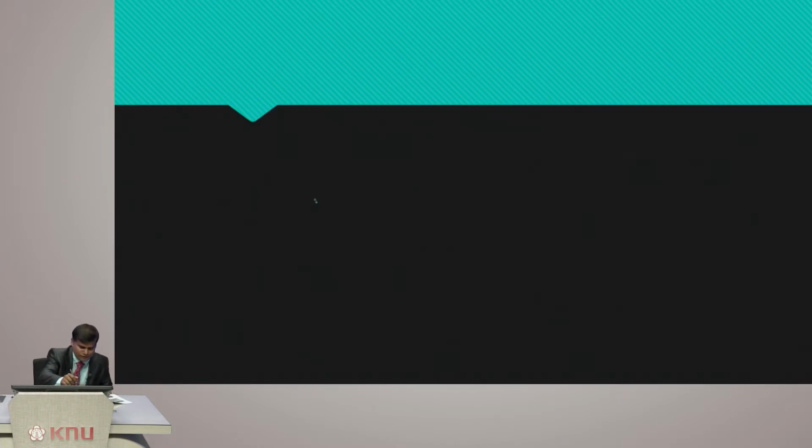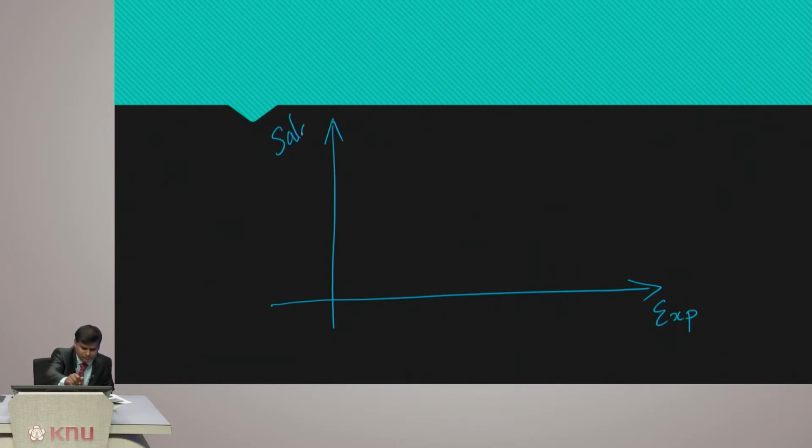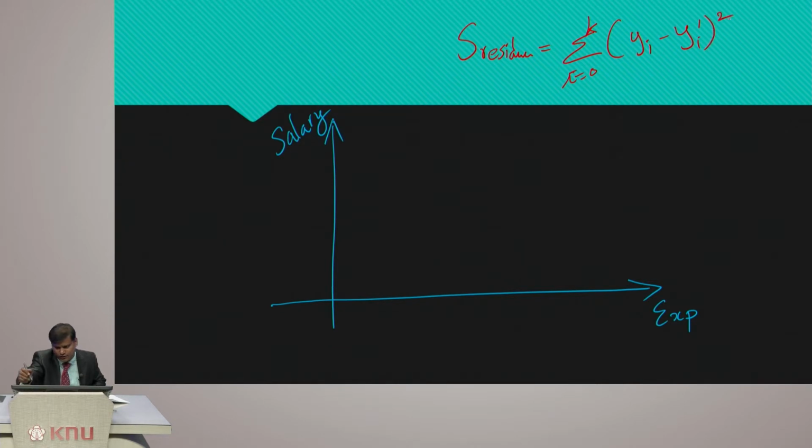So we will consider more about this information. Let's consider the same example, experience and salary. And you know that the sum of residuals is the summation from i equals 0 to k of (yi minus yi prime) the whole square.